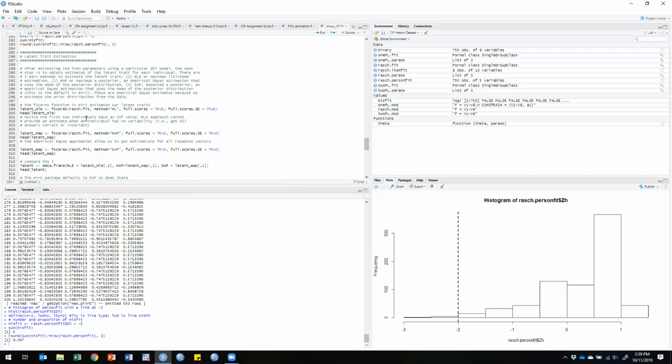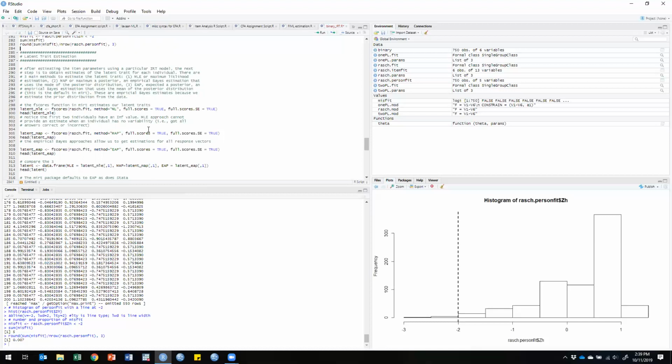You can also estimate individuals' latent traits for each of the individuals. The mirt function has basically three ways of doing this. You can get a maximum likelihood estimation. You can get an empirical Bayes estimation that uses the mode of the posterior distribution.